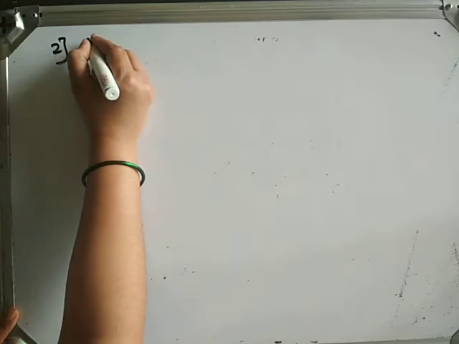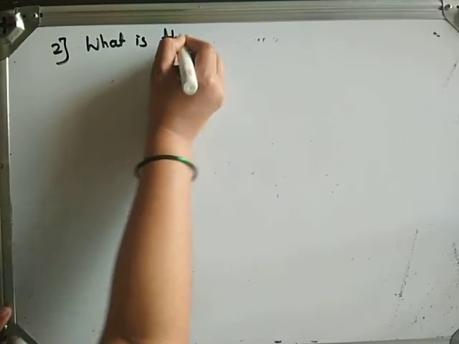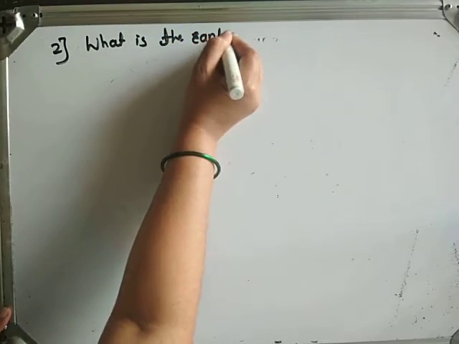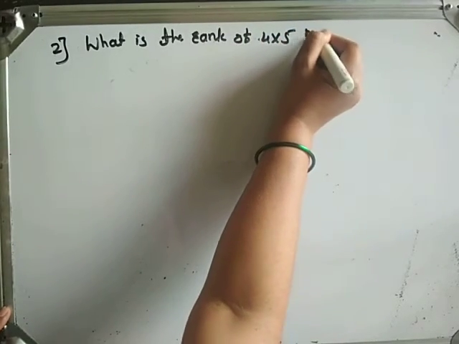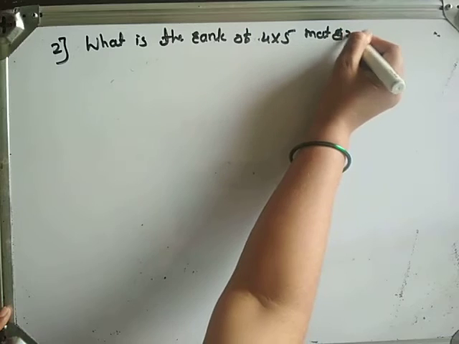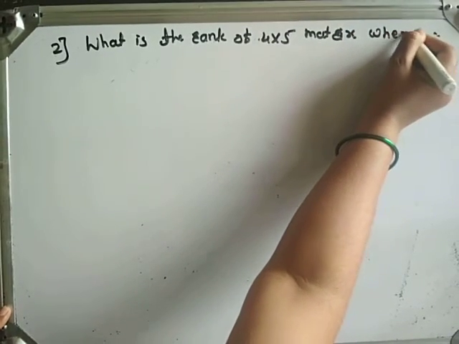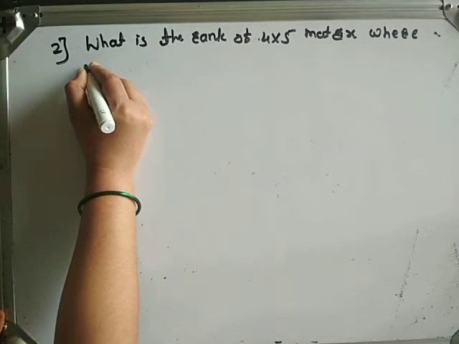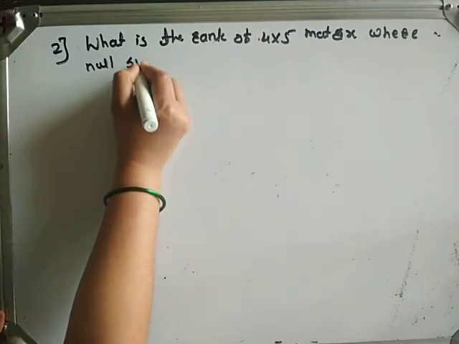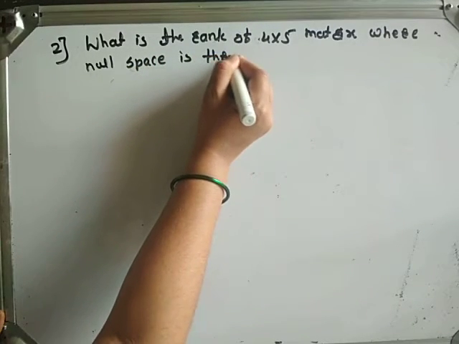Second, what is the rank of a 4 by 5 matrix where null space is three-dimensional?